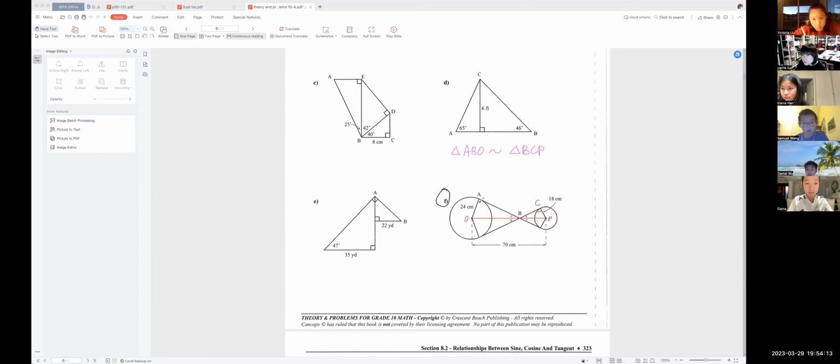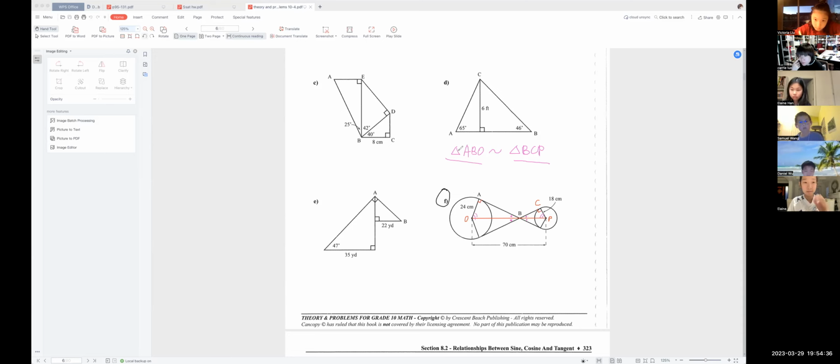Yes, because this is 90 degrees, this is 90 degrees, and these two angles are equal, so these two angles are also equal. When two triangles have all angles equal to each other, these two triangles are similar. Get it?